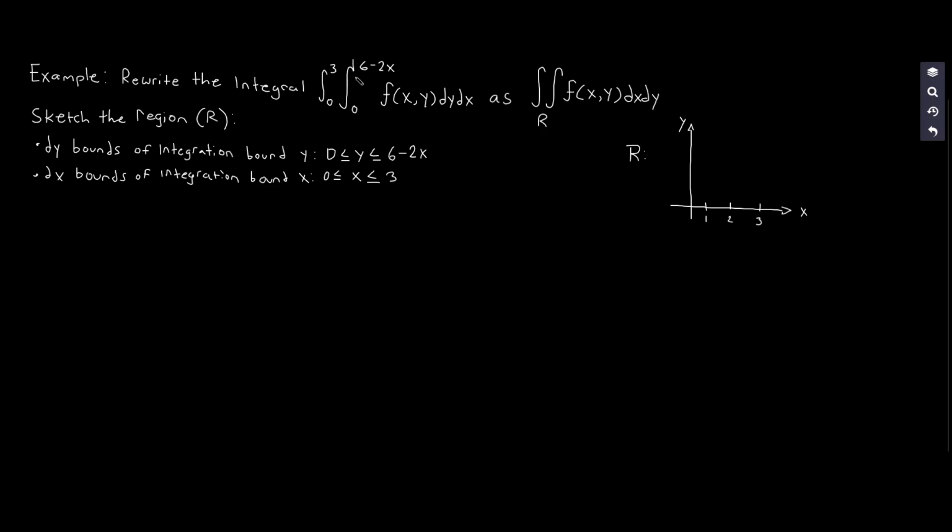So we're going to graph this curve here: 6 minus 2 times x, because this is y. The y-intercept is 6, so 1, 2, 3, 4, 5, 6, right? Something like that.